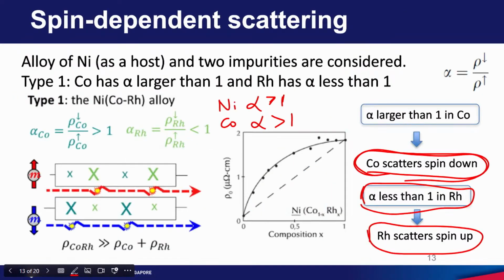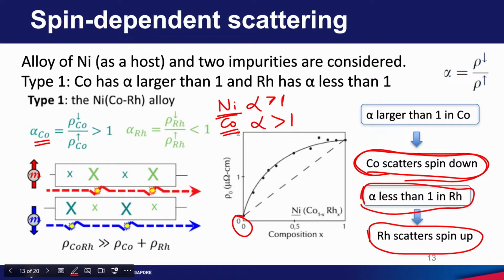So, what they do is they take nickel and here nickel and cobalt both scatter spin down electrons only. Okay. So, they have a color code.